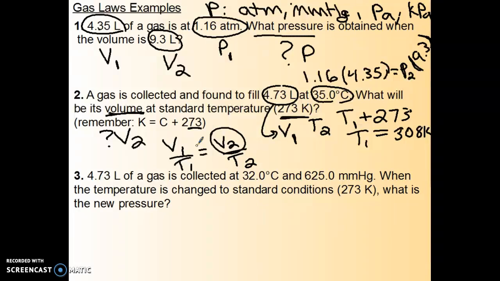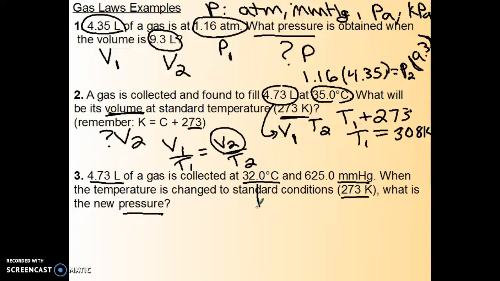Okay. Last question. We've got liters, we've got Celsius, and we have millimeters of mercury. Now, all that it says right here is that we're changing our temperature to standard conditions, which means we're changing our temperature to 273, and it's asking us for our new pressure. So this one's a little bit trickier.